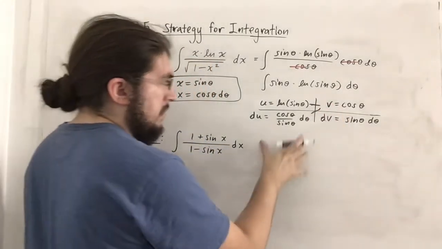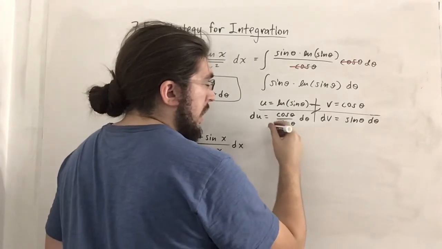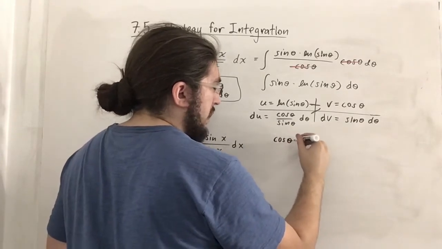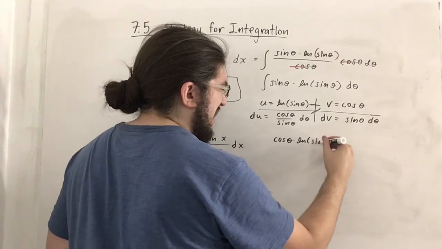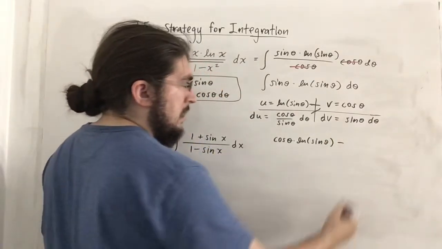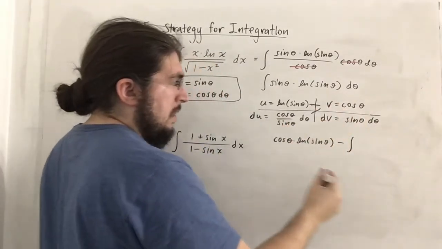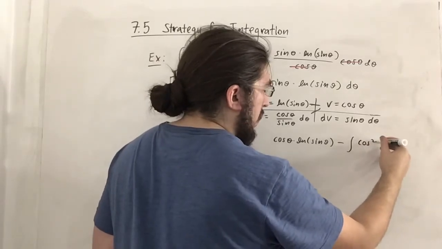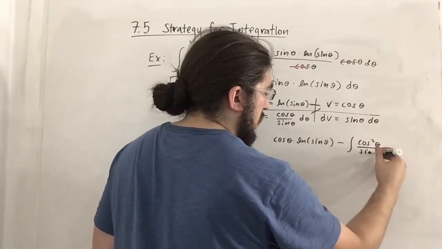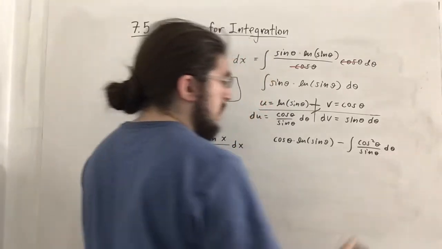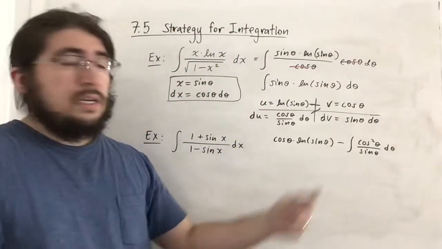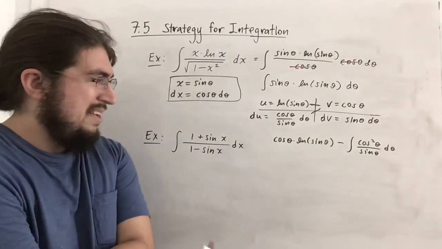So let me write that down here below. We're going to have cosine of theta times ln of sine, but then minus the integral of this times that, which will amount to cosine squared over sine d theta. Which seems a little annoying, just a little bit.